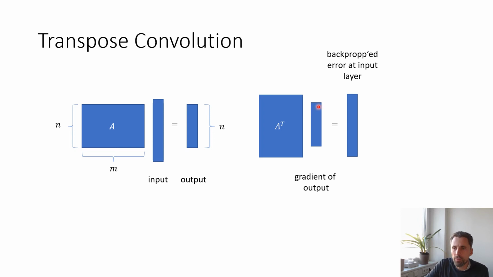And you should already know that because we used that in backpropagation, right? When we had the gradient propagated up until a certain, let's say, m-dimensional feature layer, and then we want to distribute this backpropagated gradient down to the next layer, which may have a different size. So we take the transpose of the weight matrix, remember? And so this is just to explain a little bit why it's called transpose convolution.